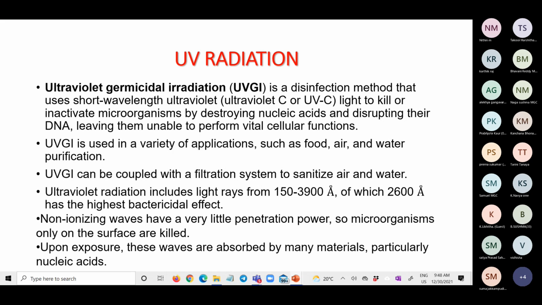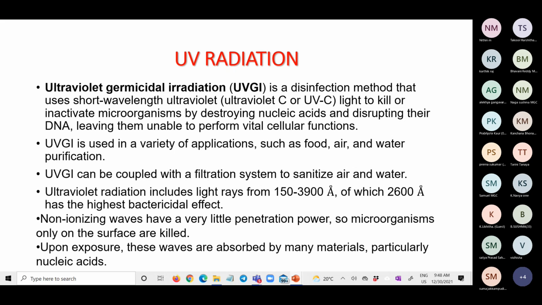In this radiation, the disinfection takes place by using the short wavelength of light. This radiation has very weak penetrating power, so it can be used for surface sterilization.